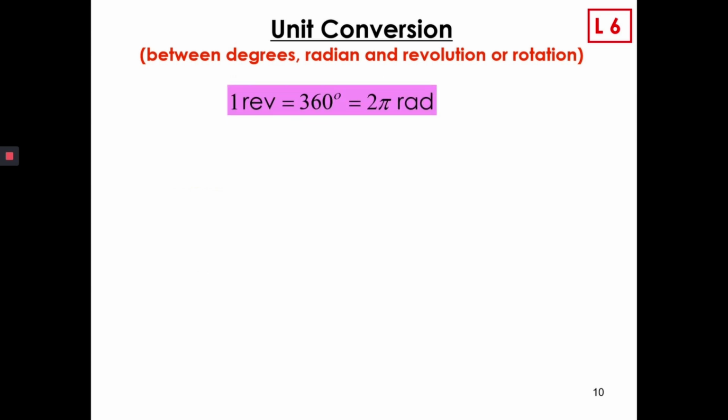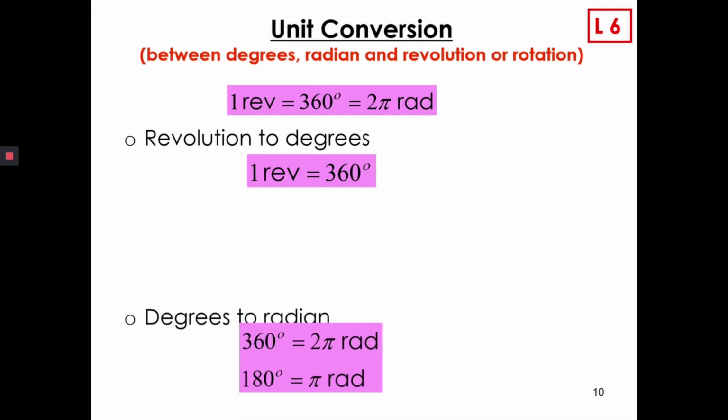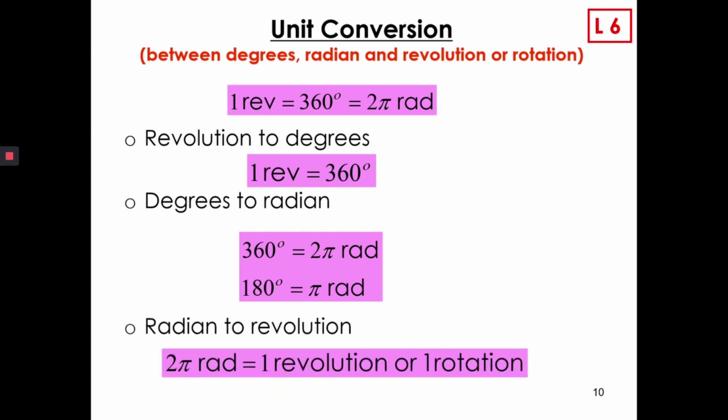Unit conversion between degrees, radian and revolutions. One revolution, which means one circle, is equal to 360 degrees or equal to 2 pi radian. 360 degrees equals 2 pi radian, or half circle, 180 degrees, equals pi radian.